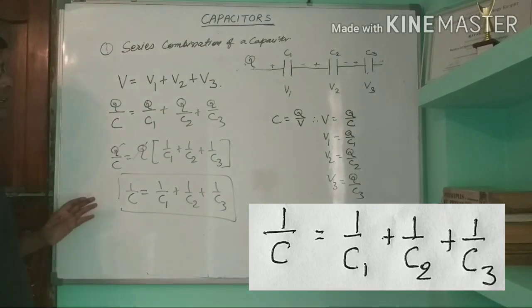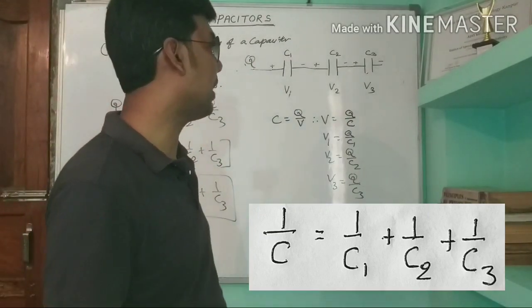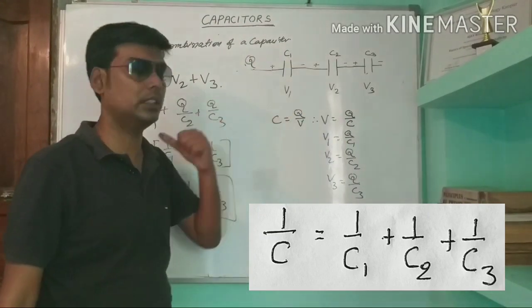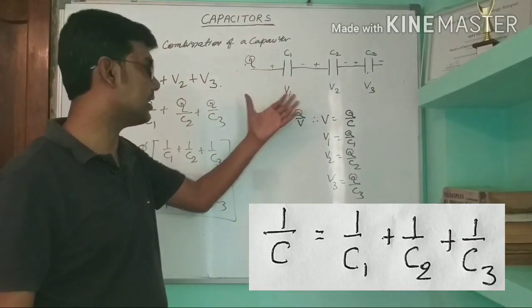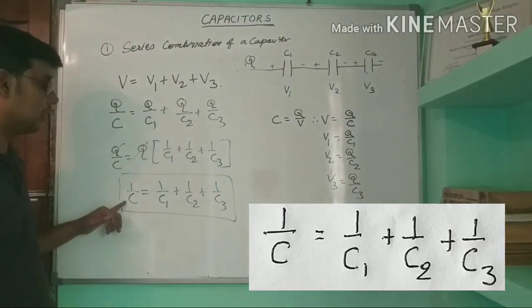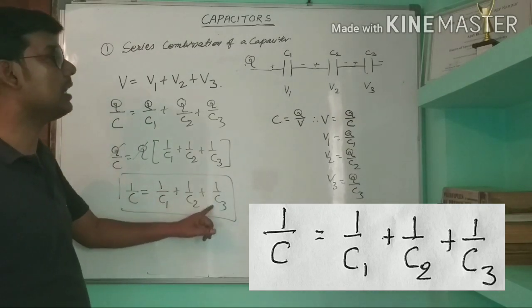So if we are interested to find the total capacitance, the equivalent capacitance will be 1 by C equals 1 by C1 plus 1 by C2 plus 1 by C3.